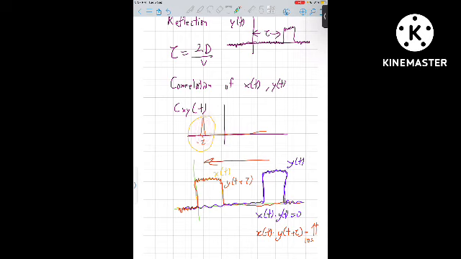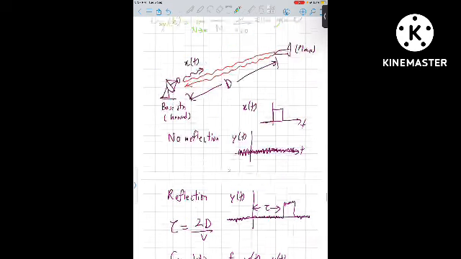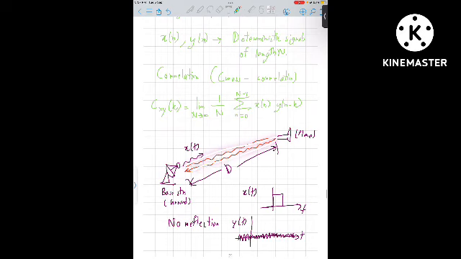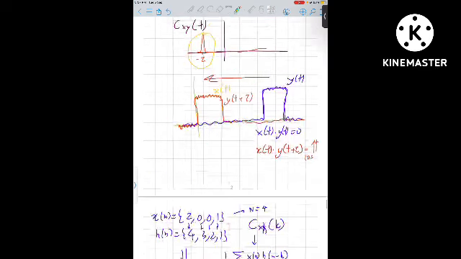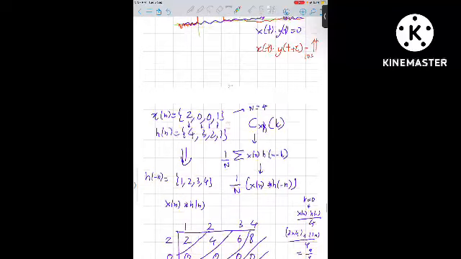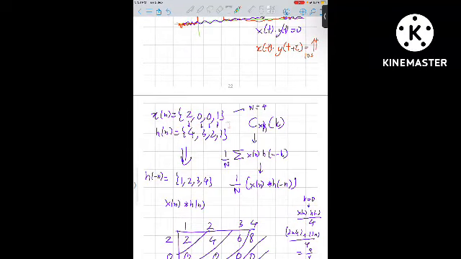Let's say x[n] is 2, 0, 0, 1 and h[n] is 4, 3, 2 and 1. We have to find the cross-correlation between x[n] and h[n]. If you look at the summation, it is 1 upon N summation of x[n] times h[n minus k].